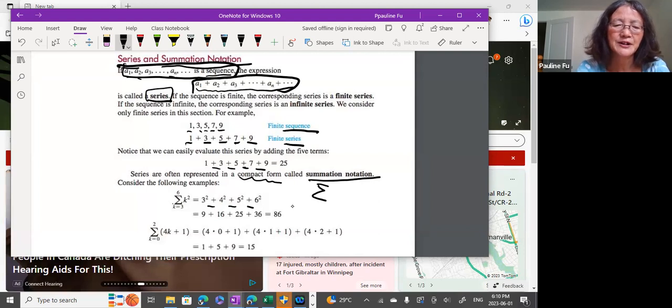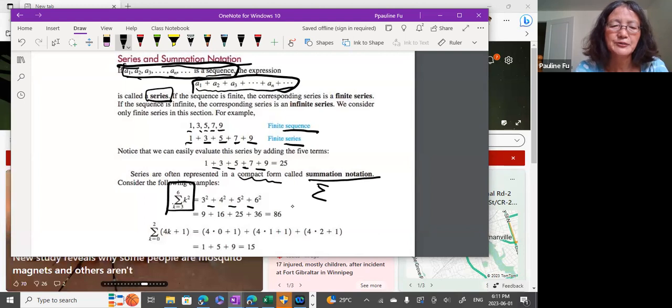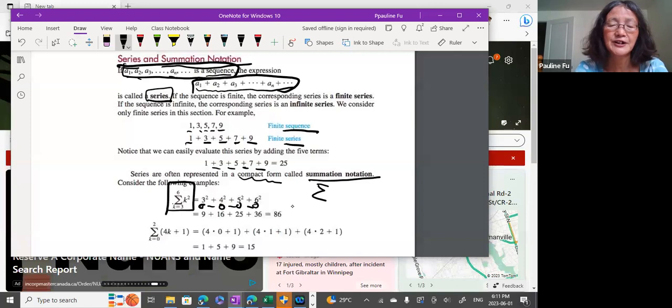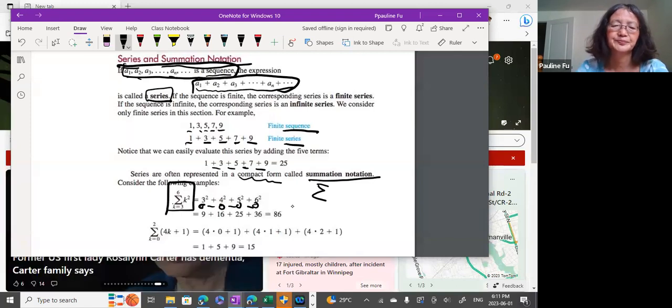For example, sigma k squared, k from 3 to 6 means k equal to 3, you get 3 squared. K equal to 4, you get 4 squared. K equal to 5, 5 squared. K equal to 6, you get 6 squared.